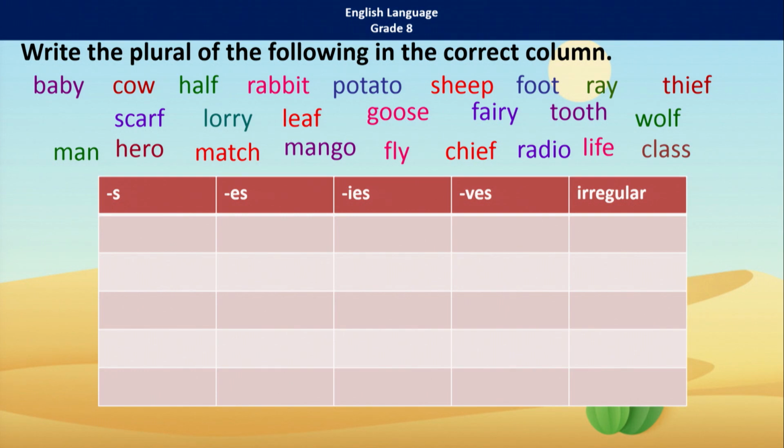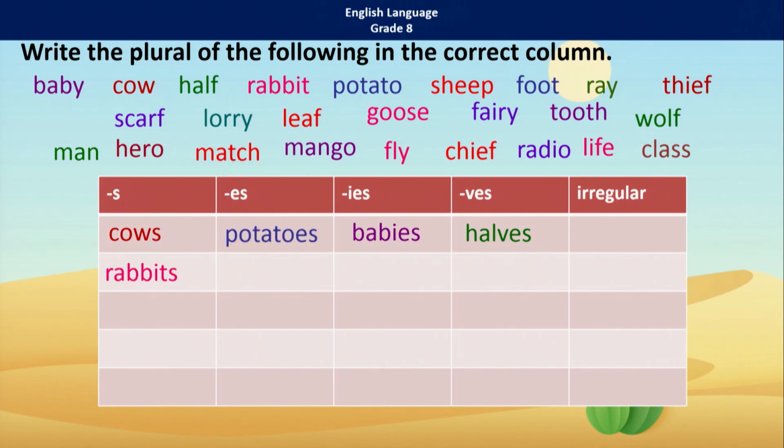Yes, the first word is baby, a word which ends with Y. So we have to drop Y and add IES. Next word is cow. Simply add an S there, cows. Of course, half, halves. Drop the F and add VES. Rabbit, rabbits.